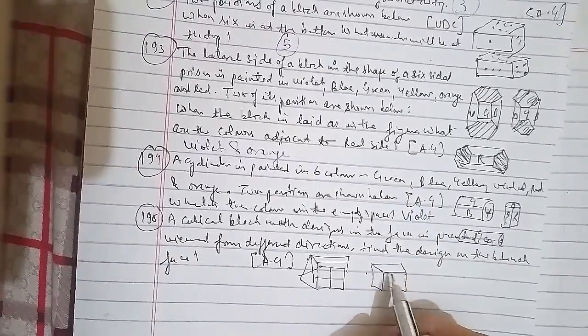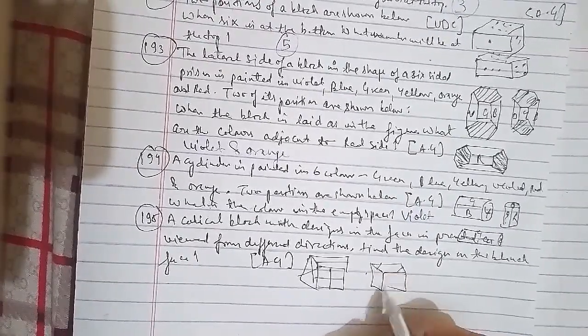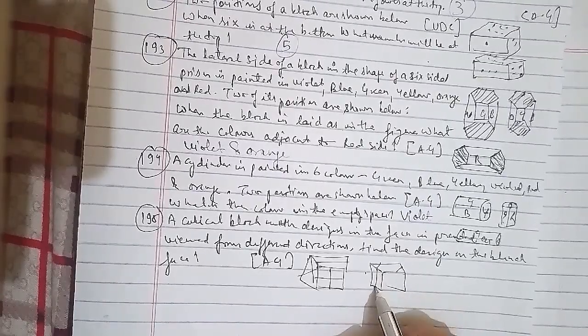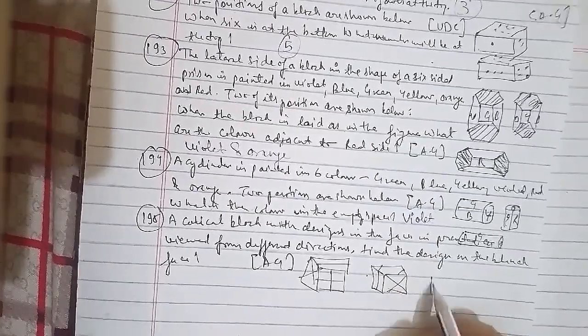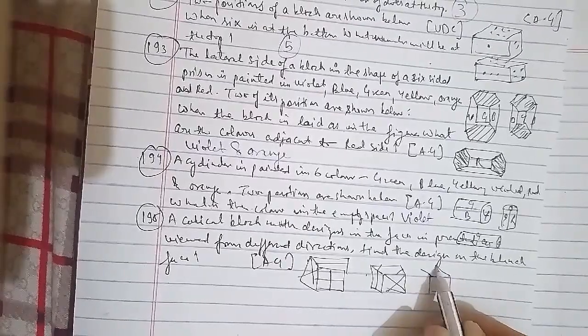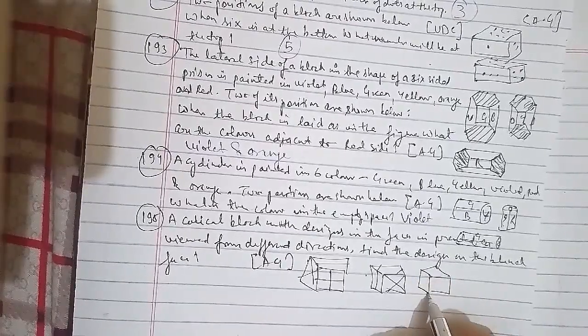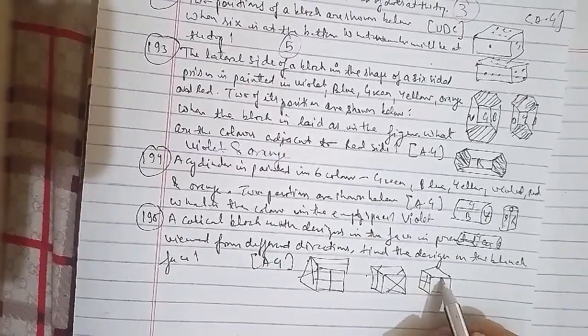Now we'll go ahead with the next question of the session, which is an important one as well. The question is, 6 dice with their upper faces erased are shown here.